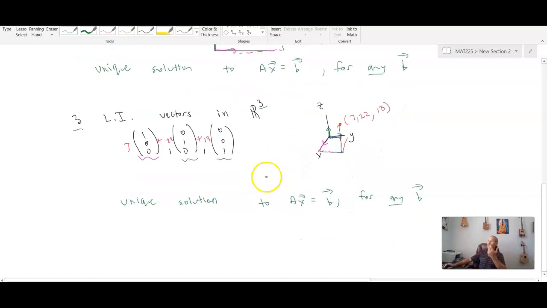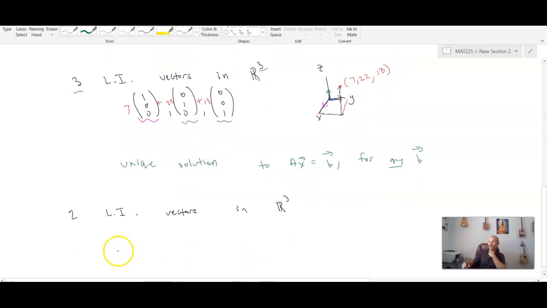Now, if you have fewer linearly independent vectors than you do dimensions, for example, if I only have 2 linearly independent vectors in R3, it could be like this, where I have 1, 0, 0, 0, 1, 0, and maybe I have another vector, but it's just not going to be linearly independent.